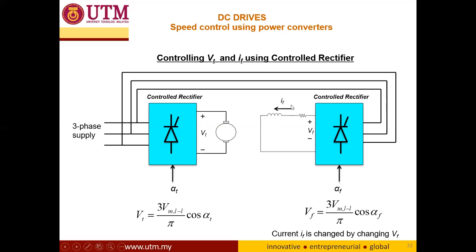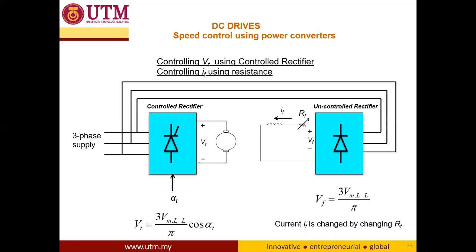You can control the IF, meaning that you control the flux, by adjusting the firing angle. That is how we can control the speed and torque of the motor, by controlling the rectifier. So this is the same.